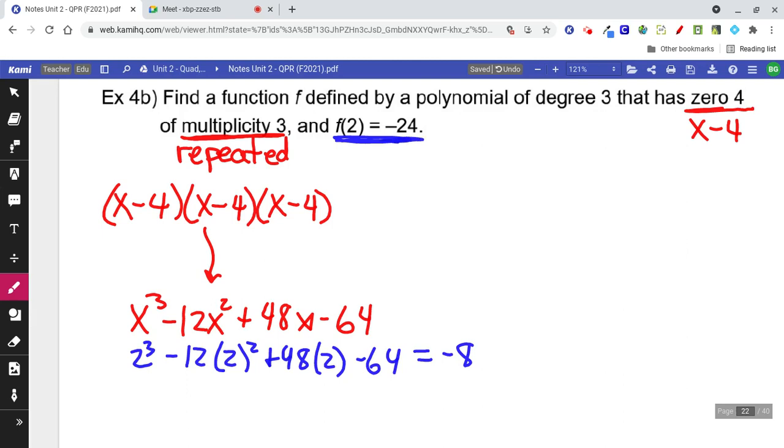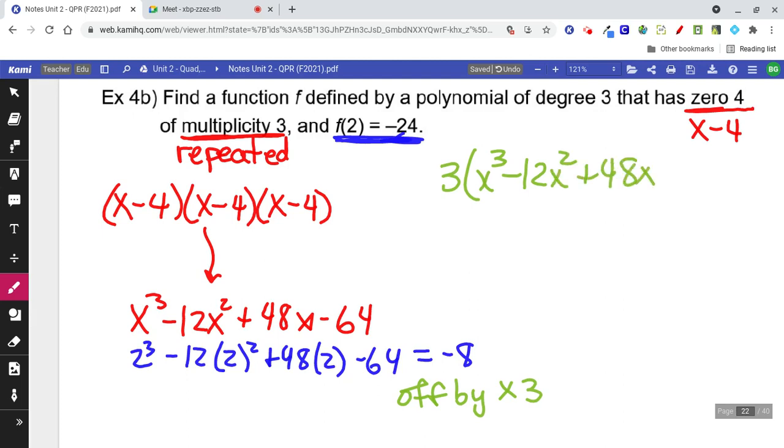I'm supposed to get negative 24, so I'm off by a factor of 3. So let's just take what we got and multiply by 3. 3 times x cubed minus 12x squared plus 48x minus 64 is going to give us our answer.